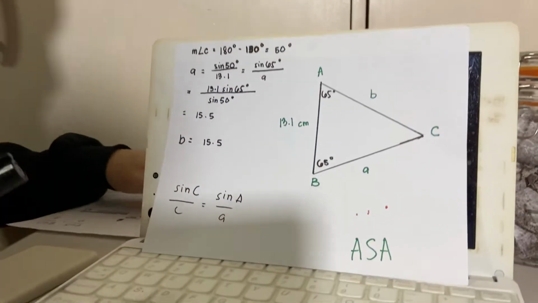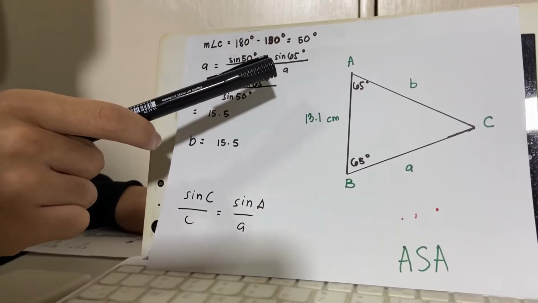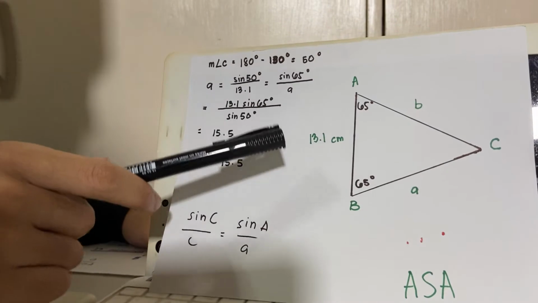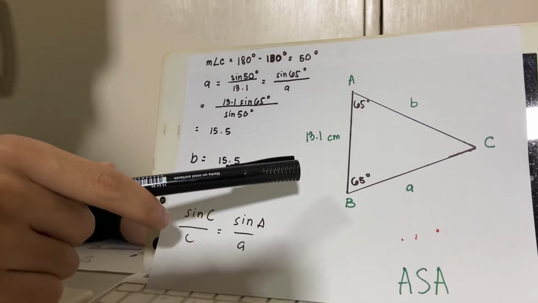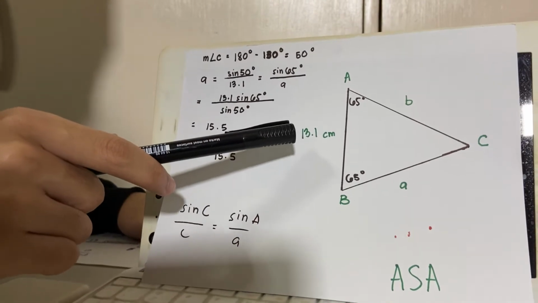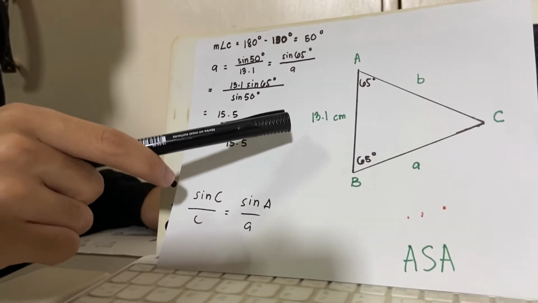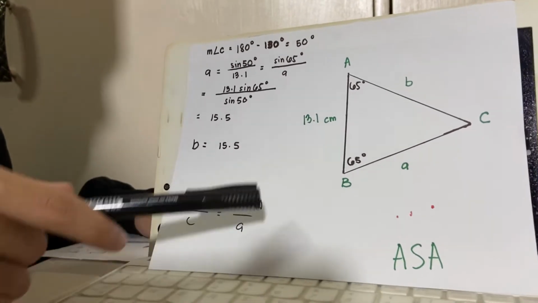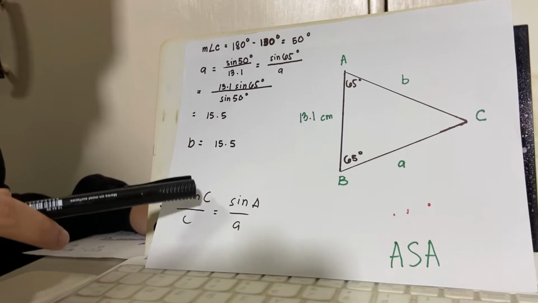Here we have a triangle ABC, given the measure of angle A, 65, and the measure of angle B, 65, and the side opposite of angle C, which is 13.1. Before we start, we're going to be using this formula, but we're missing the angle for C. How do we get this?